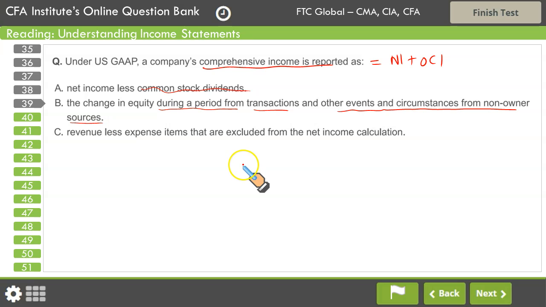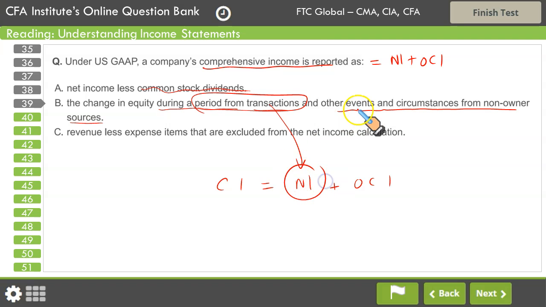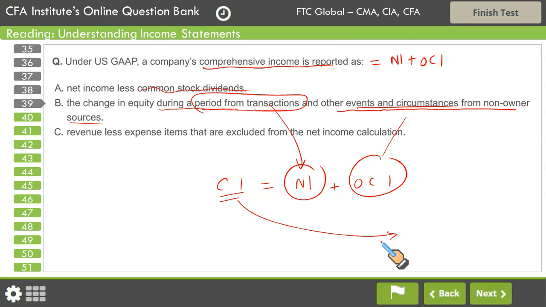Then what he's talking about, comprehensive income is equal to net income plus minus other comprehensive income. So basically your comprehensive income is the change in equity that is because of transactions during the period or some other events, those four events we discussed earlier. This is what gives you a comprehensive income which goes to your equity, and it excludes transactions with the owners.